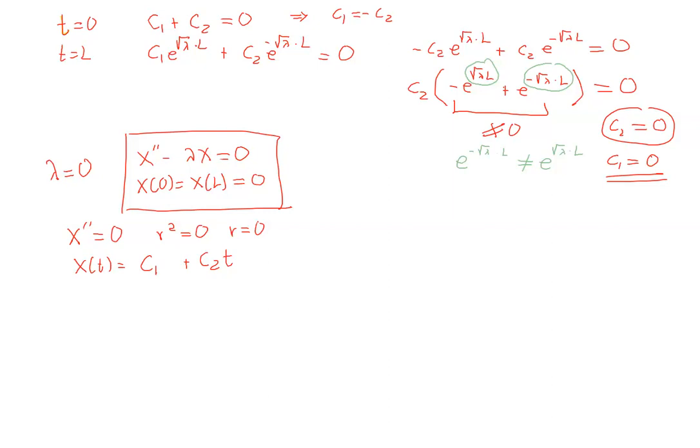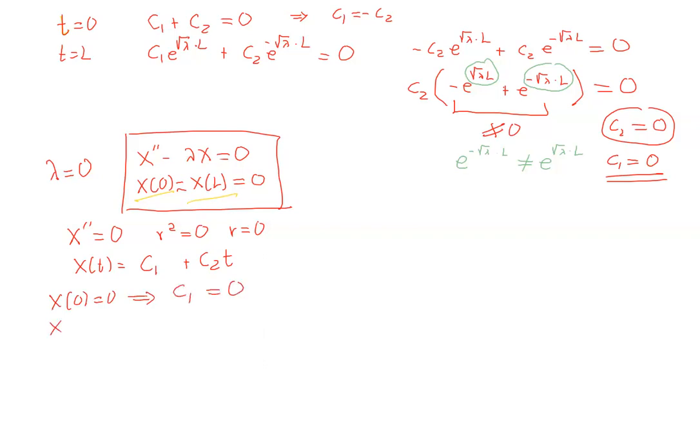Well, again, let's plug them into our conditions, these conditions right here. Oops, I erased them. So x of 0 is equal to 0 translates to what? To C1 is equal to 0.